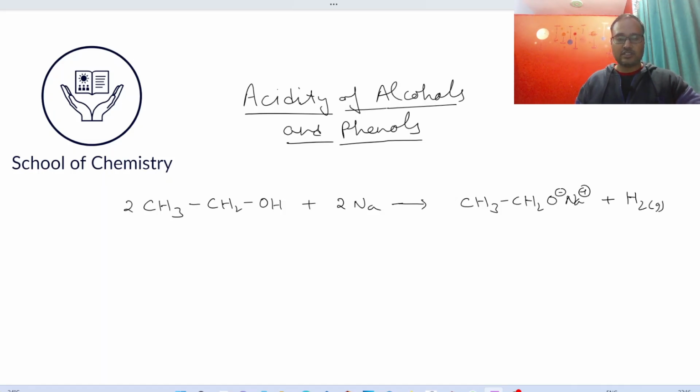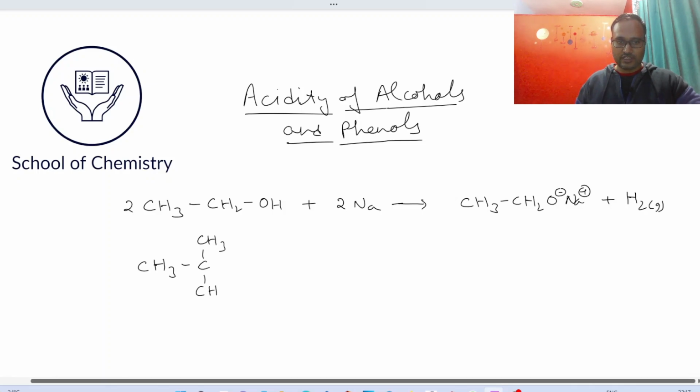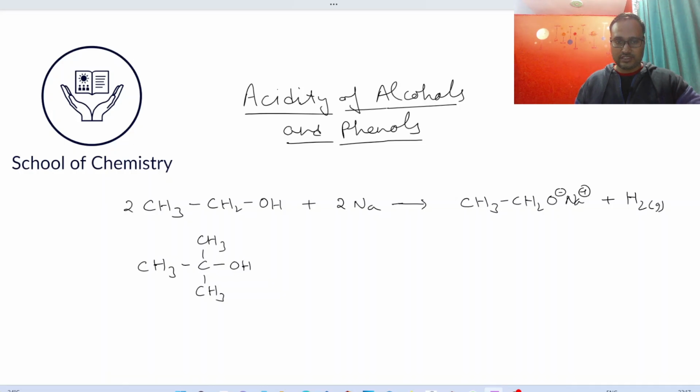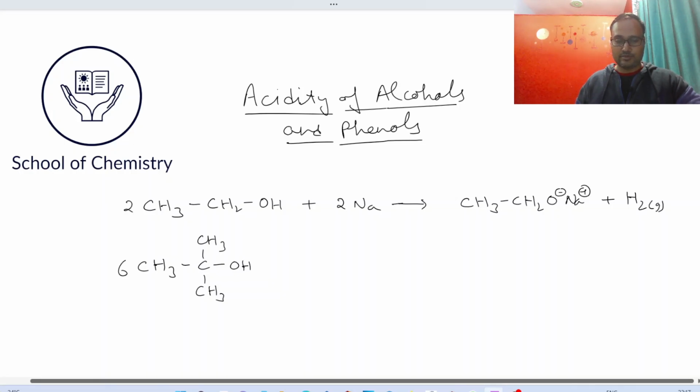And if we have the aluminium metal, we can take the tertiary alcohol, as the reactivity of alcohol increases with the primary, secondary and tertiary. So if we take a tertiary alcohol, it is more reactive.